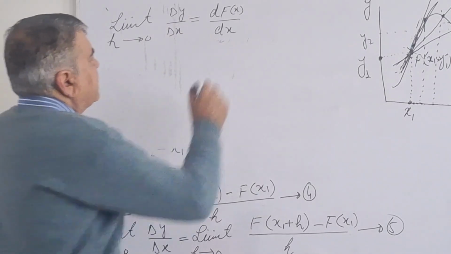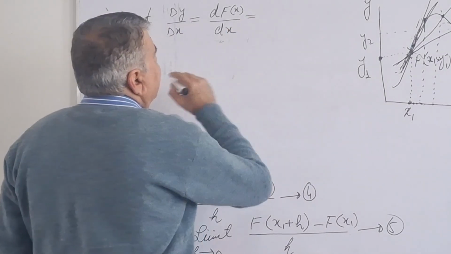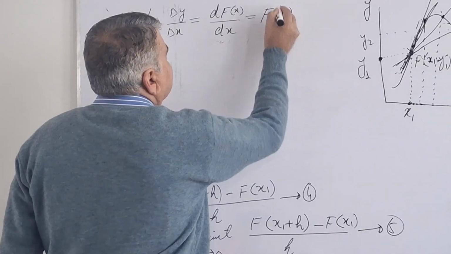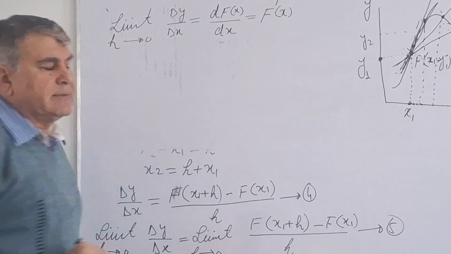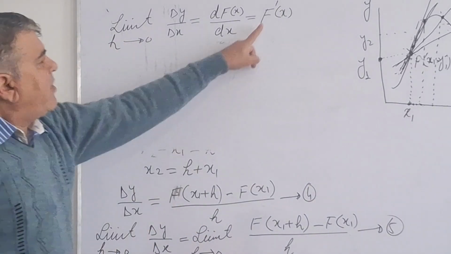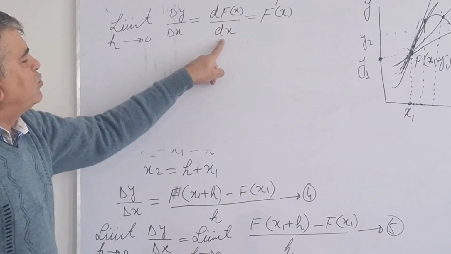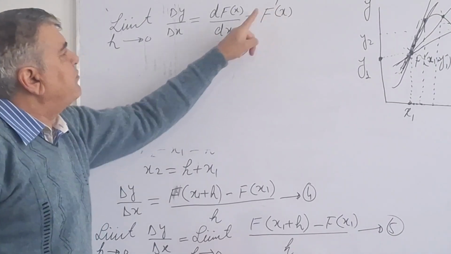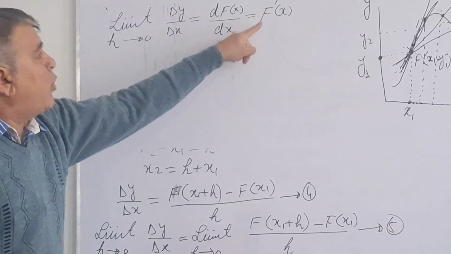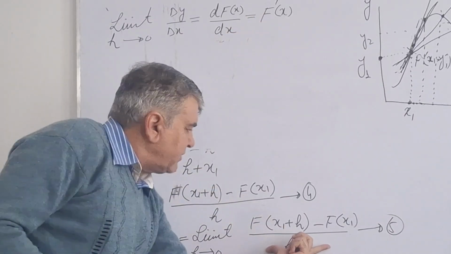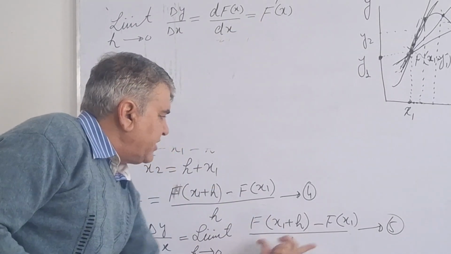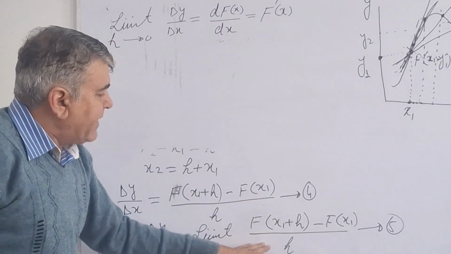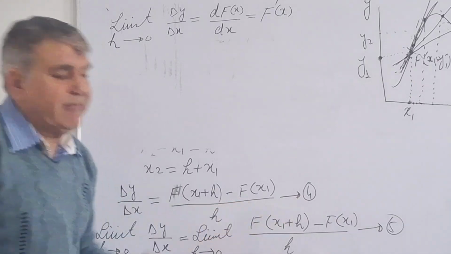Sometimes it is further abbreviated by writing this f of x and putting a prime over it. So df of x over dx, or f prime of x, is in fact the derivative of the function f, which is defined through this one equation, the limit of this whole thing. So equation 5 in fact provides the definition of the derivative of a function.